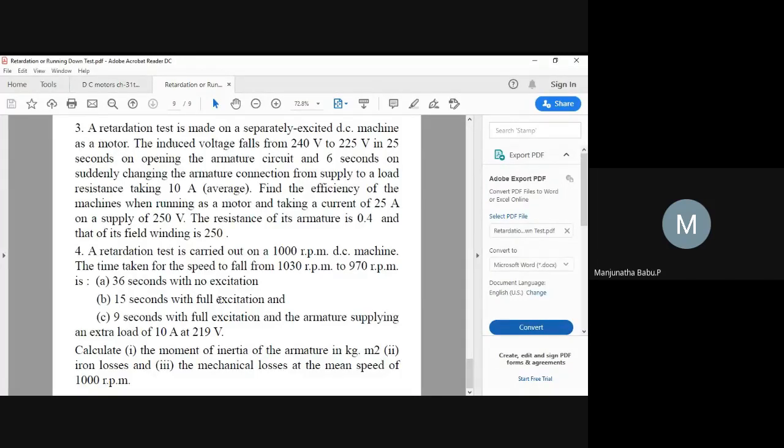In the second case, with full excitation, which includes both the mechanical as well as the iron loss, we'll be finding the stray loss, and by using the third condition we can find the remaining loss. We have to find the moment of inertia, mechanical losses, and iron losses. So first, let us go for this formula.